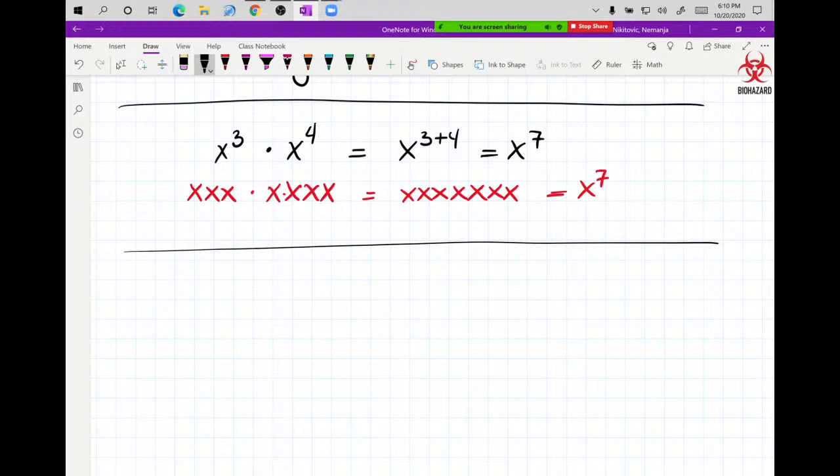So the next rule that we are going to take a look at is the rule where we have an exponent of an exponent. This is called power to a power. Sometimes an exponent is also known as a power.